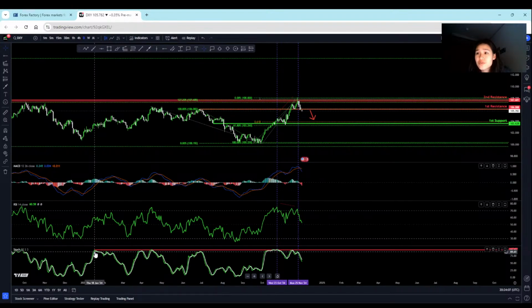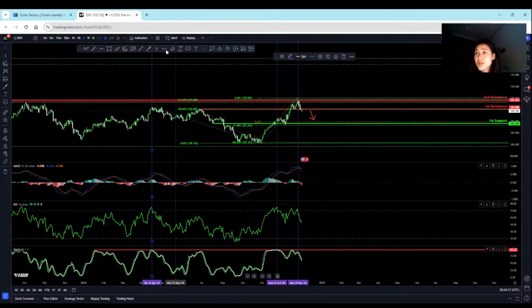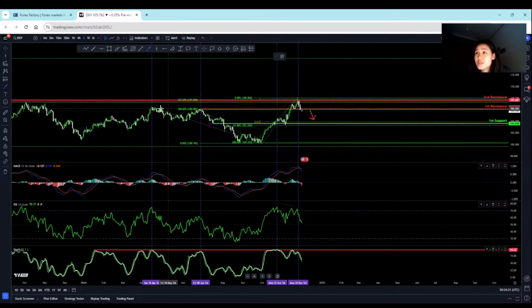You can see in the recent past as well, every time it reacts, for example here, and here as well, prices then start to drop on our RSI, and then on our price chart as well. Again, second time here as well, and you can see our price chart dropping as well.